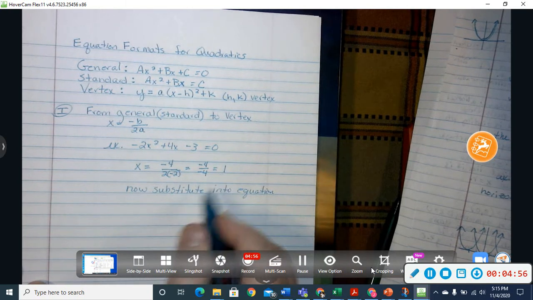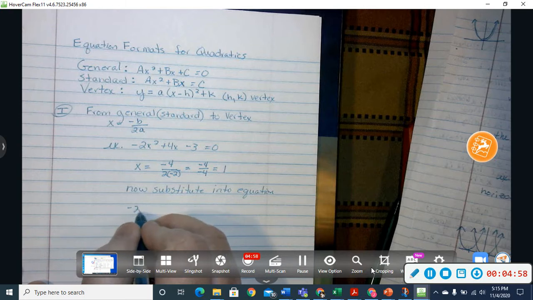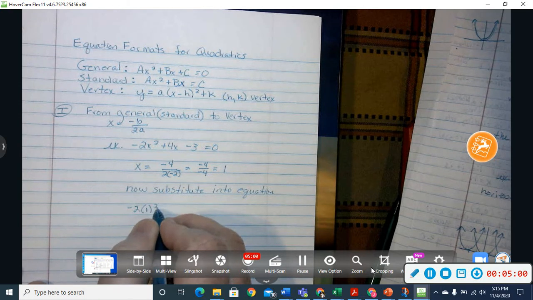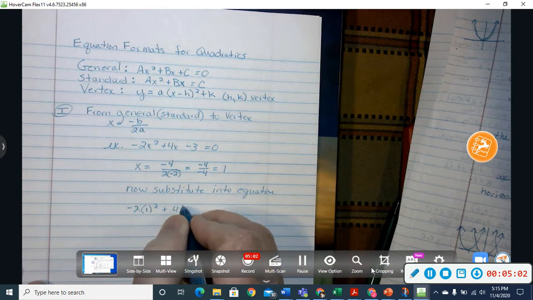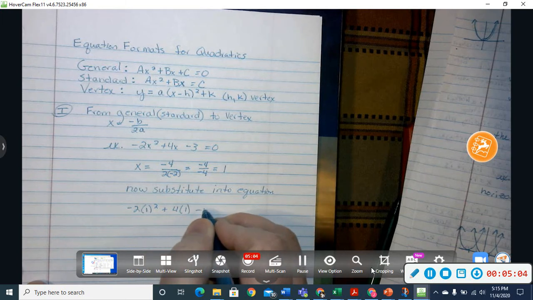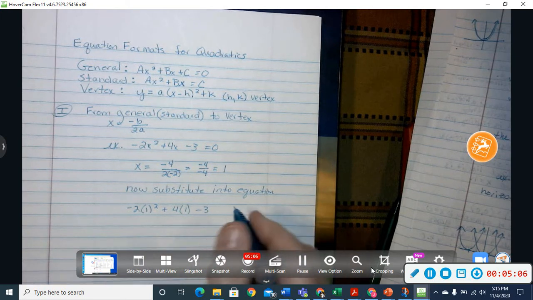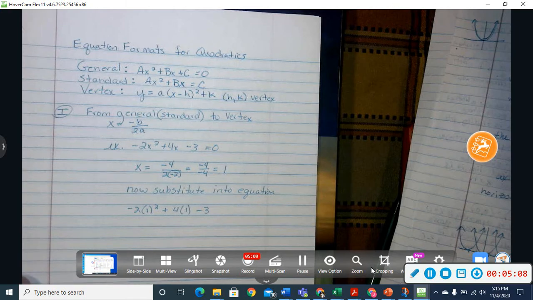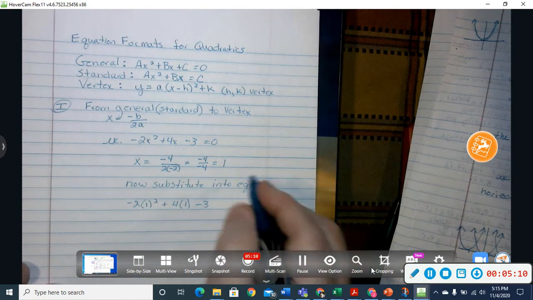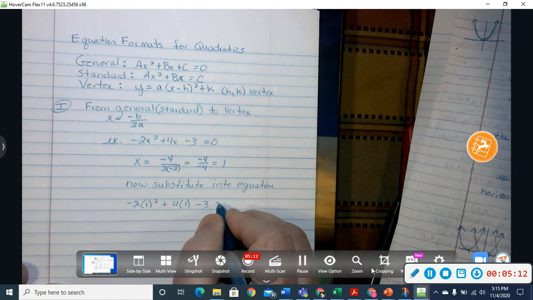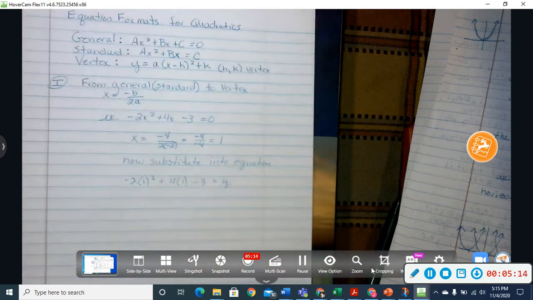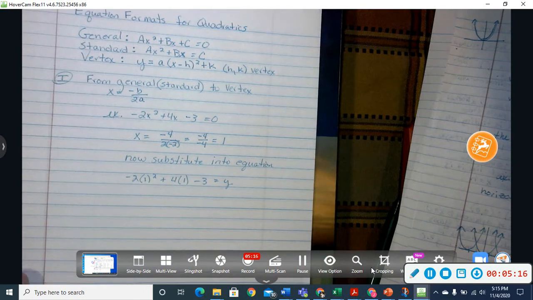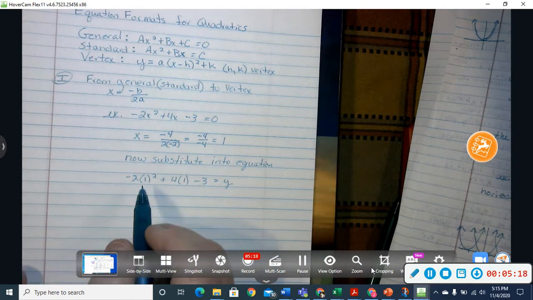So we're going to take the 1: negative 2 times 1 squared plus 4 times 1 minus 3, and see what answer we get. And instead of 0, we're going to put a y there, because that's what we're hunting for: what is the y going to be.